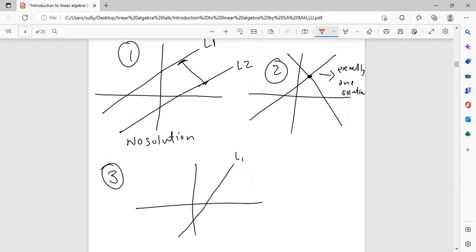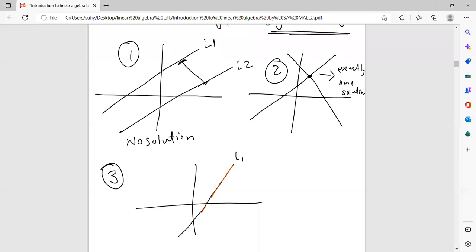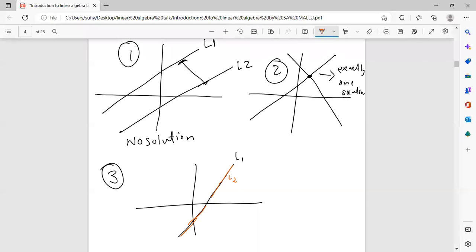I'm going to change my color. But that line 2 basically sits on line 1. This orange color would be line 2. So in this one, line 1 and line 2 coincide. In other words, they are on top of each other.